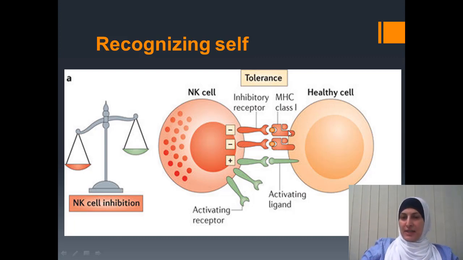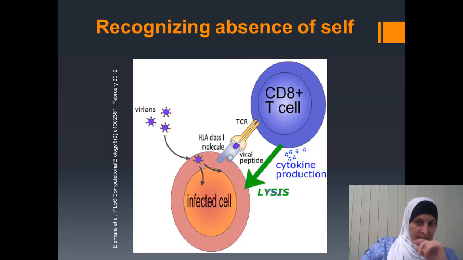When we have a normal self MHC holding normal self proteins, these would be recognized by the killer inhibitory receptors, and this will tip the balance toward inhibition of killing, so no killing would take place.